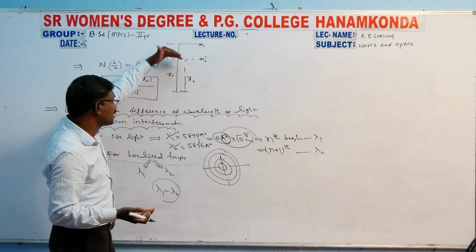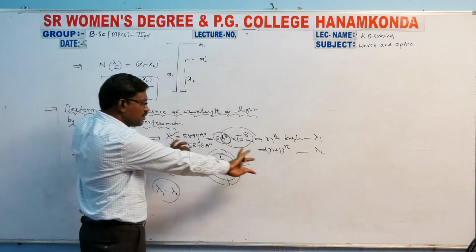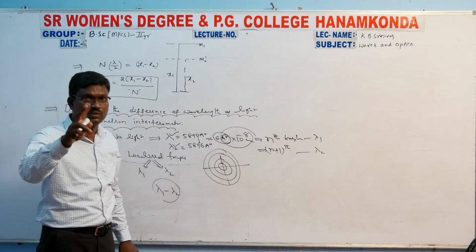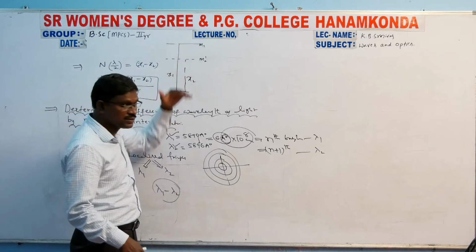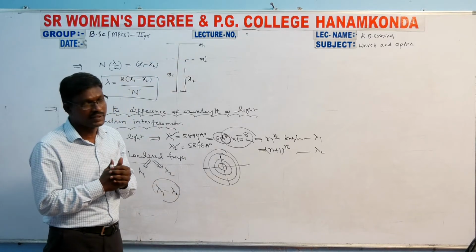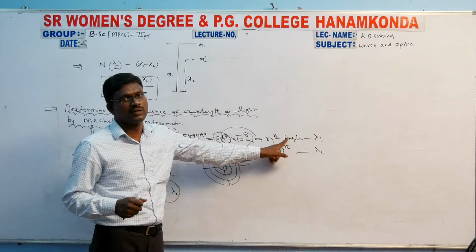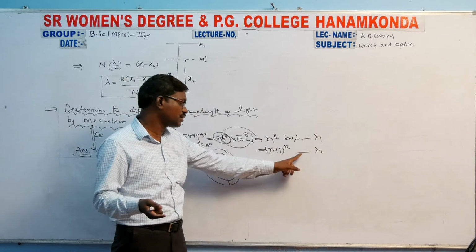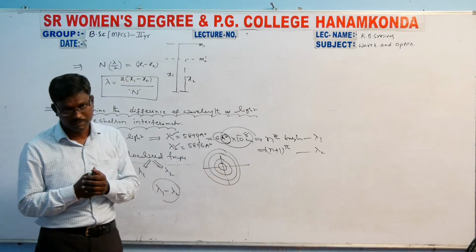The fringe pattern will be separated. You can observe two types of fringe patterns if the M1 mirror is moving like this. You can observe the nth bright fringe of lambda 1 and the n plus 1th bright fringe of lambda 2 in the field of view, or at the center of the field of view.